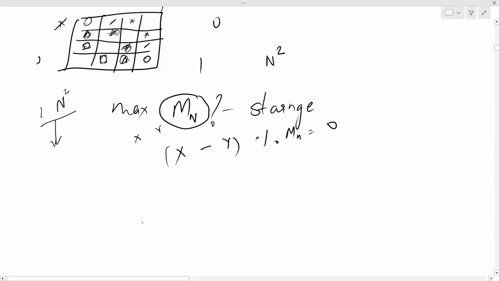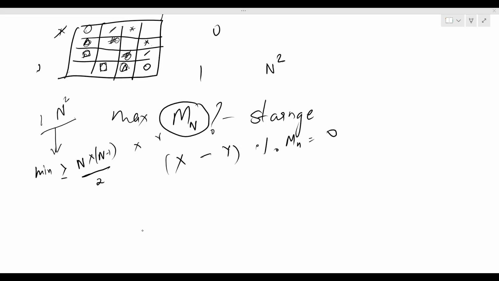it's 100% that for one pair, the minimum value will be at least more than or equal to, like, how many total pairs are there? N square, not n square, n into n minus 1 by 2. Right? These are the total number of pairs. For the symmetric matrix, these are the total number of pairs.